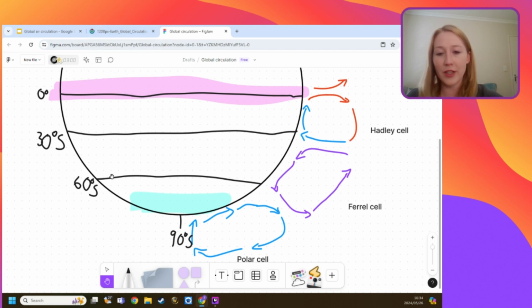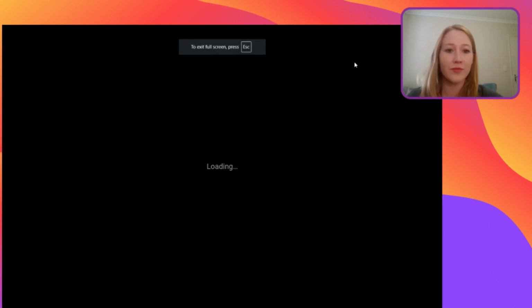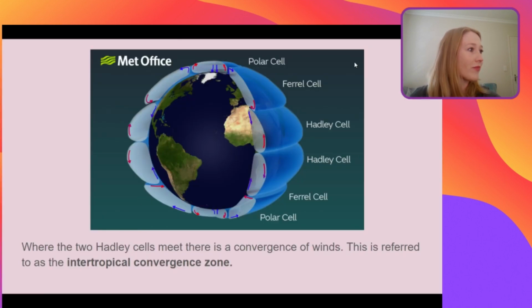So usually around here. So let's take another look at this diagram and let's see if we've covered it all. So we have the Hadley cell there. We have the warm air rising from the equator, moving towards the poles. It sinks as it cools. It will typically sink at the 30 degrees latitude, so 30 degrees north and 30 degrees south.